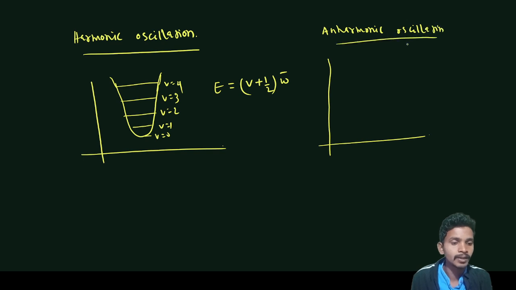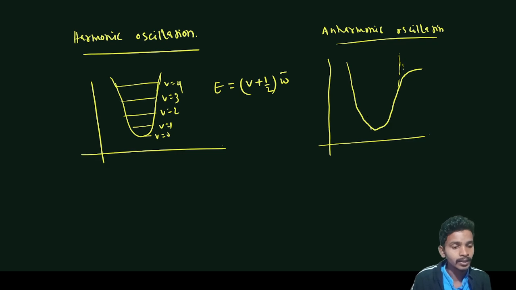How do you describe it? For these energy levels, instead of going on like this as for harmonic, it will break. Here also you explain the energy levels the same way, and I will discuss how these energy levels come by the equation.